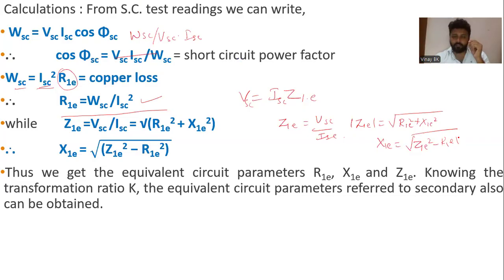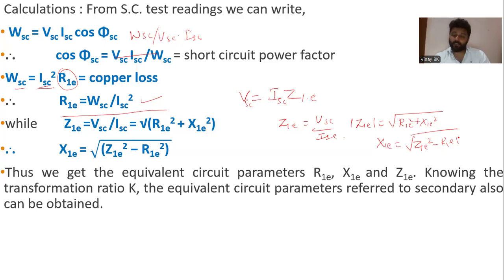Keep in your mind that in the open circuit test, you apply the rated voltage and find the iron loss. In the short circuit test, you apply the rated current and find the copper loss. The copper loss is negligible in the open circuit test because there is no current, I2 is 0. The iron loss is negligible in the short circuit test because it is short circuited, there is no voltage.